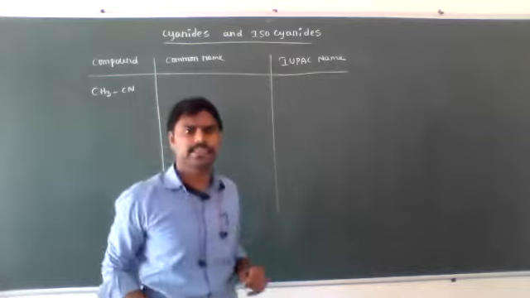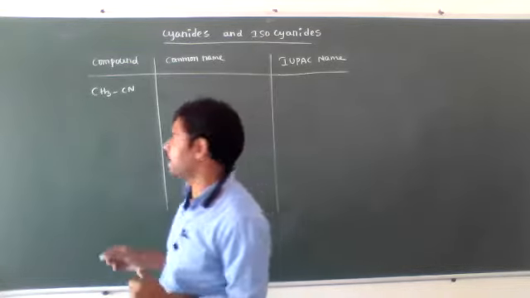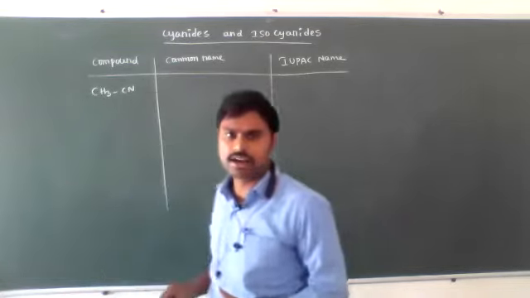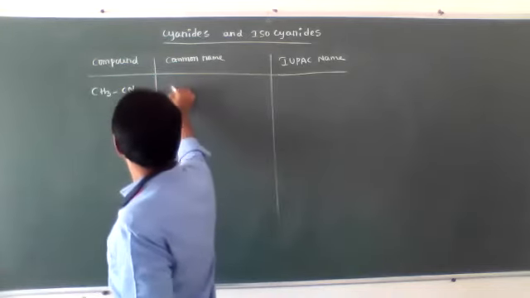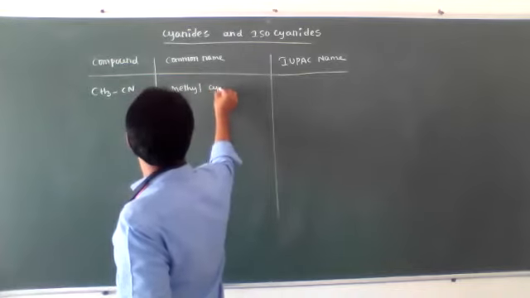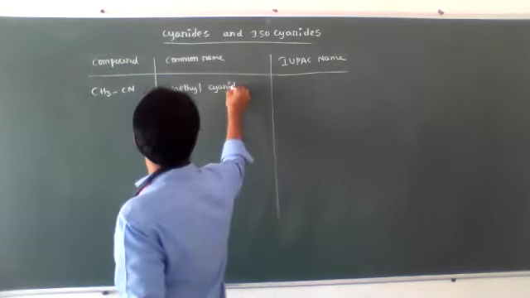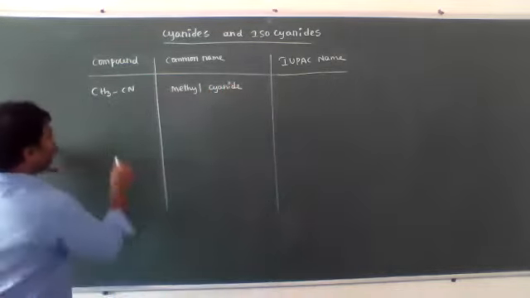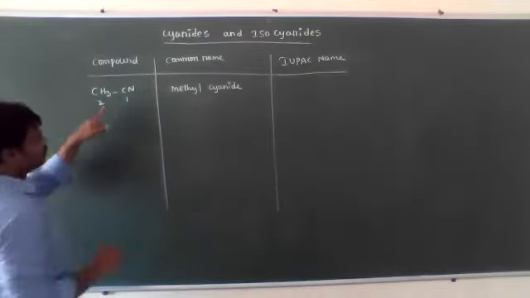CN is present means cyanides. Cyanides common names are alkyl cyanides. One carbon is there, that is called methyl cyanide. Okay.